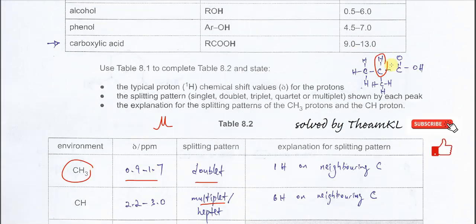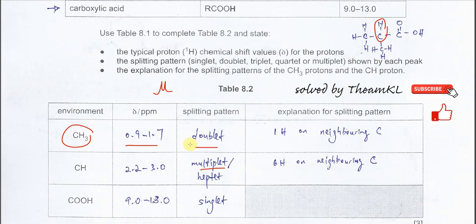Actually, this is carboxyl, but we just look at this. So its chemical shift must be 2.2 to 3, according to this table. And of course, it's multiplet, as I told you just now.